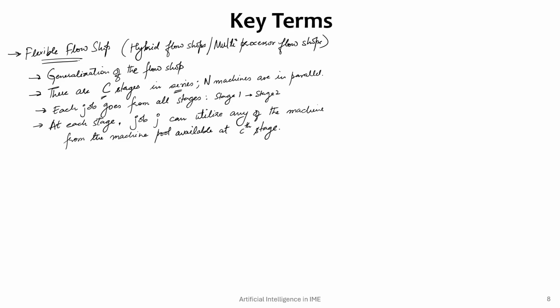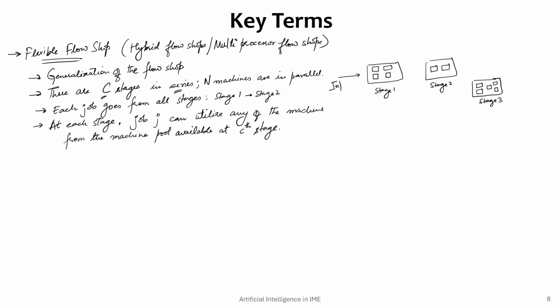So, now let us design this flexible flow shop. Let us say you have stage 1, then stage 2, then stage 3, right, and you can place multiple machines here. So, this is stage 1, this is stage 2, and this is stage 3, right.